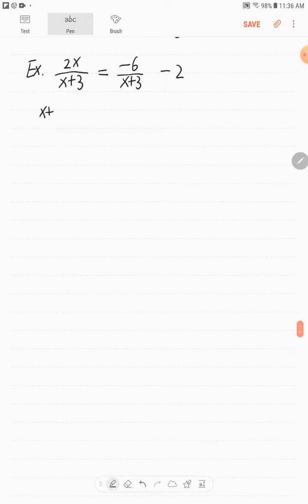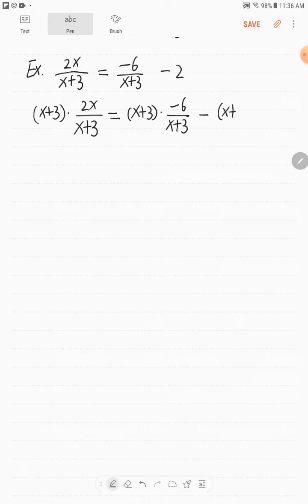So x plus 3 times 2x over x plus 3 equals x plus 3 times negative 6 over x plus 3 minus x plus 3 times 2, right? So this cancels out, it becomes 1, so it would be 2x. And here, this is 1, so it becomes negative 6 minus, and we need to expand it, right?